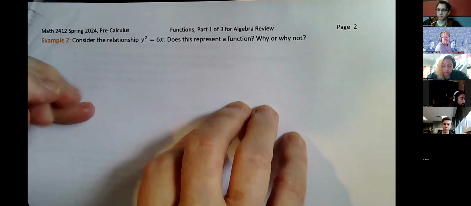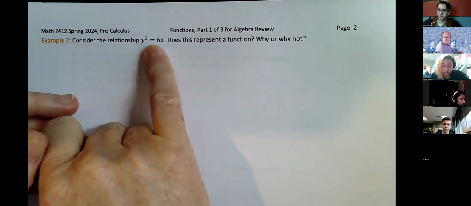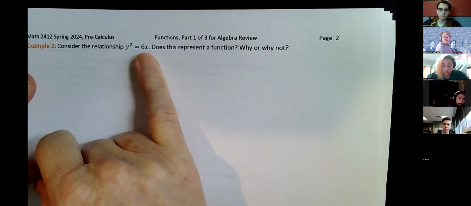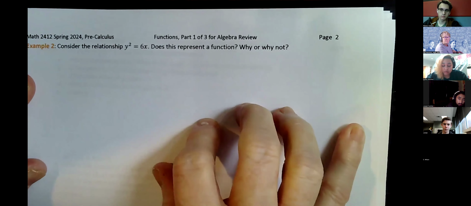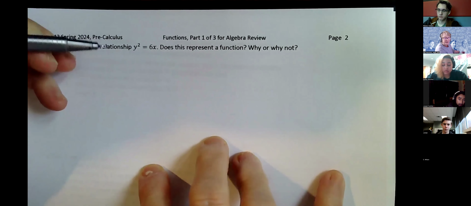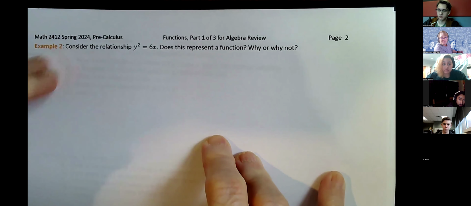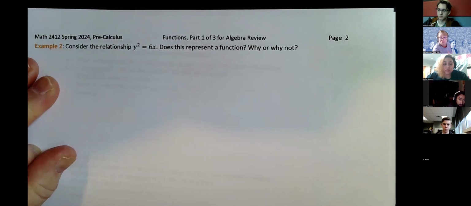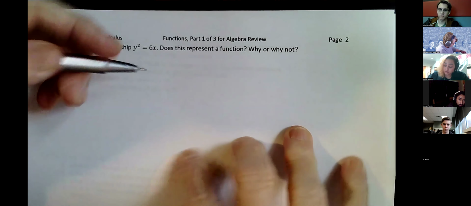So let's look at the relationship y squared is equal to 6x. Does this represent a function? Why or why not? Well, just like before, we're going to solve for y. And how do we undo squaring? What's the opposite of squaring? Square root. That's right.